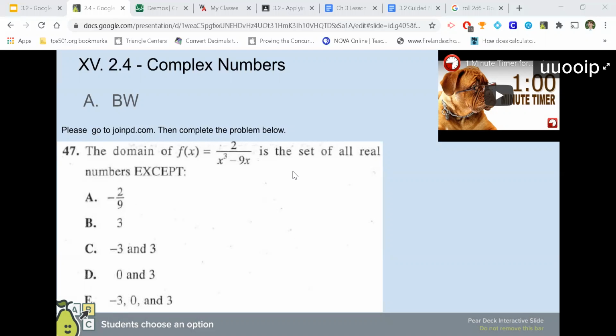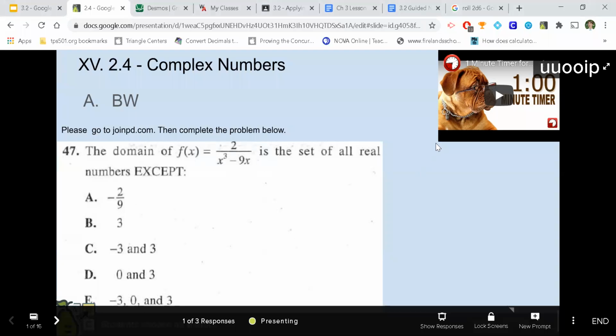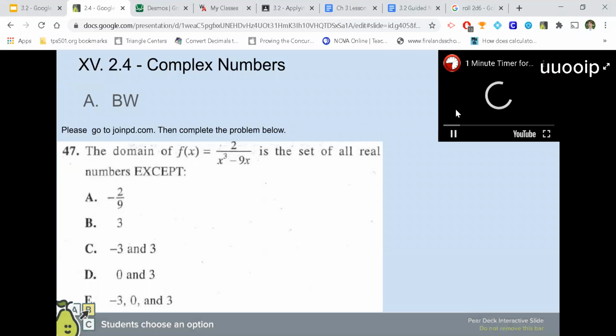We need to find the domain of this function. I'm going to give you 1 minute, just like on the real deal. Good luck.